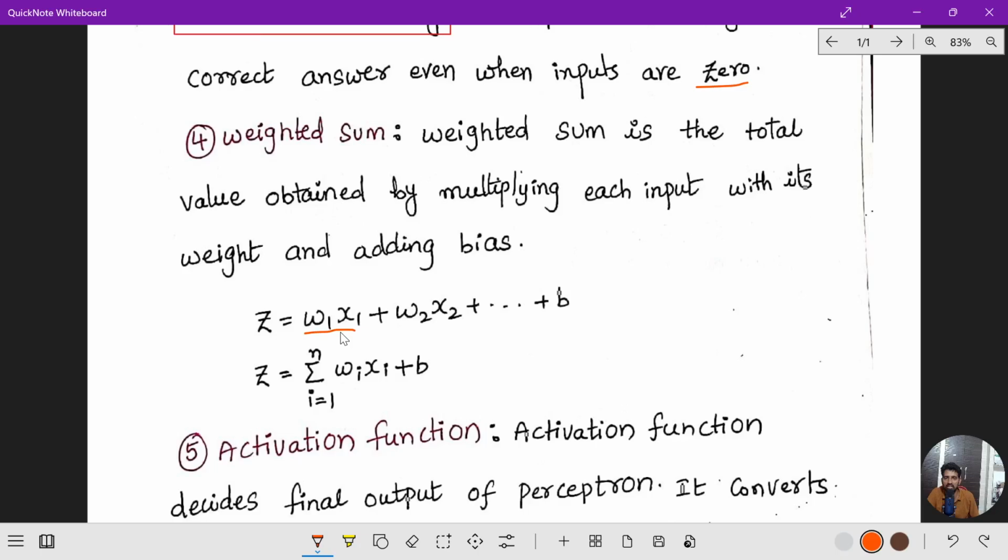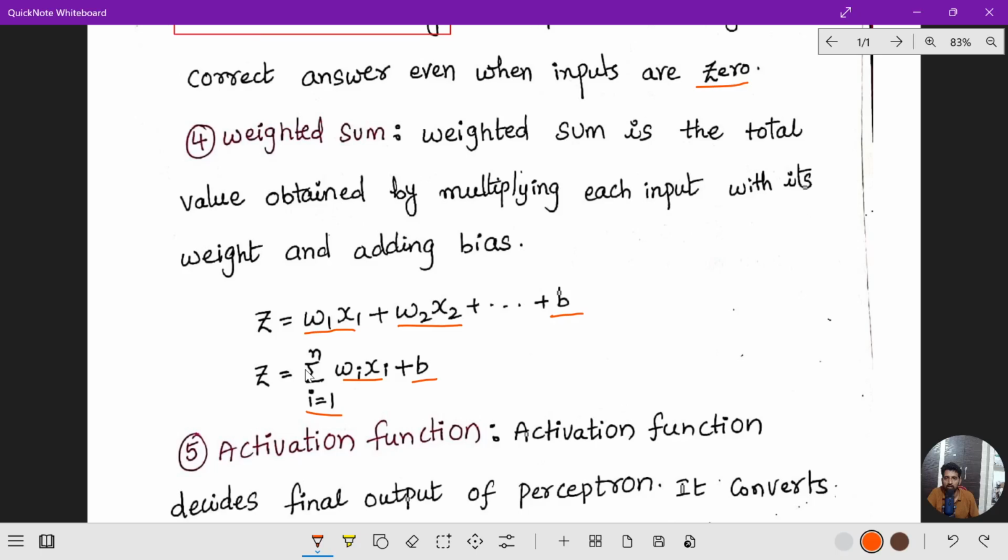How to write this expression? It is sigma i equals 1 to n, wi xi plus b. It takes the weights multiplied with the inputs. So this is called the weighted sum.